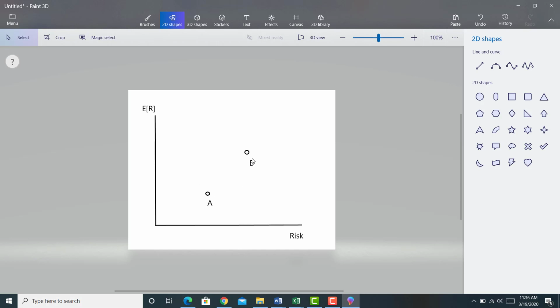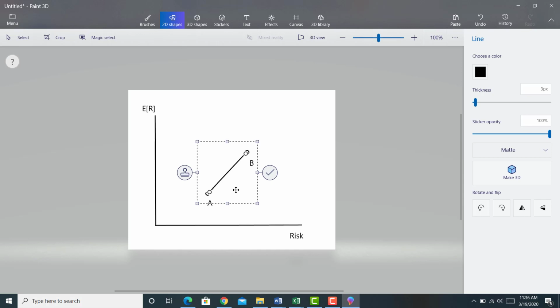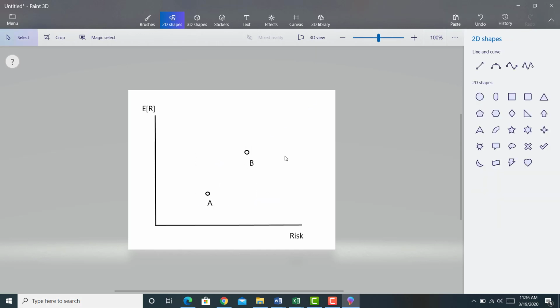All right. In a previous video, we talked about what happens if you put 50% of your wealth in A and 50% of your wealth in B. If I were to tell you this individual put 50% of their wealth in A and 50% in B, you would think that the portfolio would be just right here in the middle, halfway in between A and B. But because of covariance, which we discussed in one of the previous videos, that's not true.